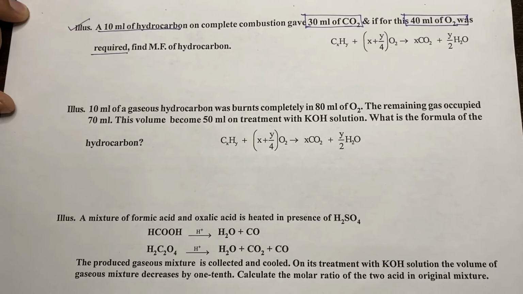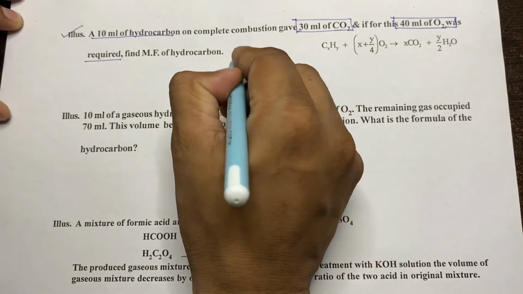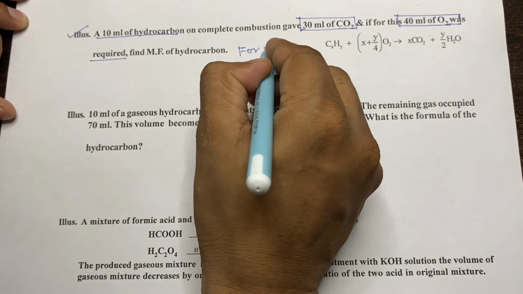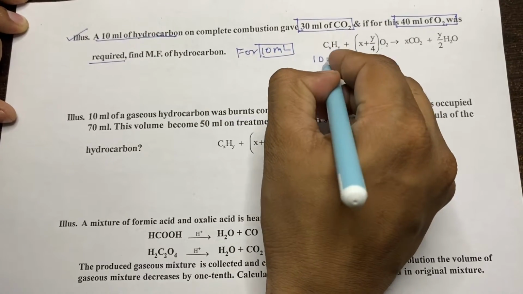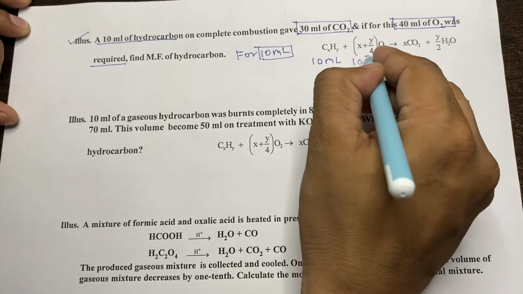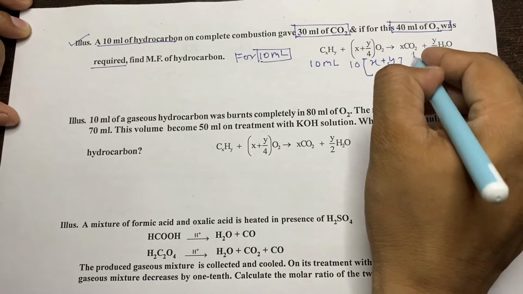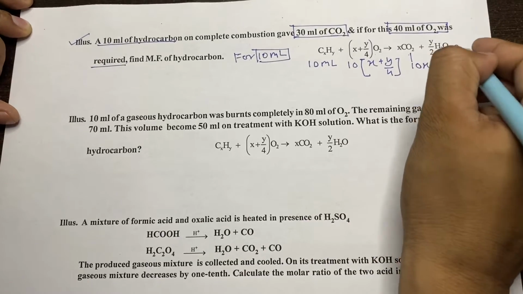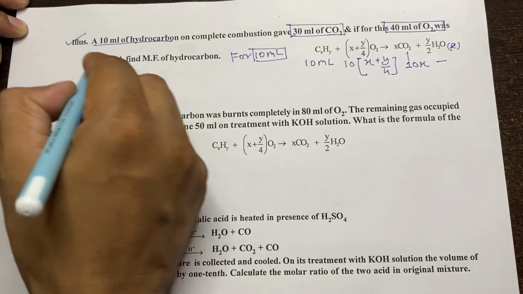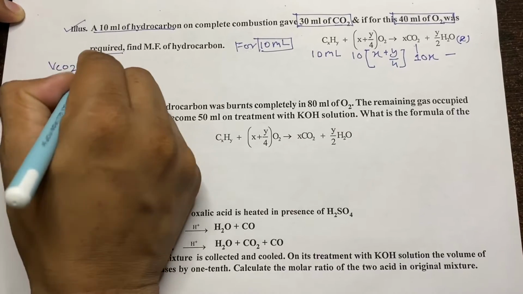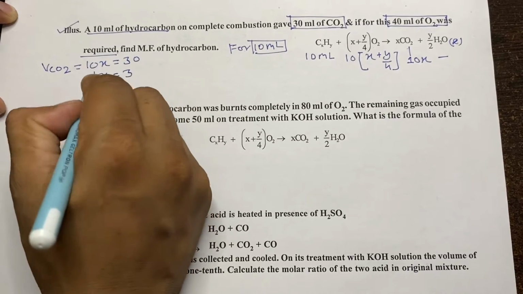We will write the equation first for 1 volume of hydrocarbon, and so for 10 ml of hydrocarbon, it will be 10 bracket X plus Y by 4 volume of oxygen, and 10x volume of CO2. Definitely water is in liquid form, so we will not consider it. So the volume of CO2 will be equal to 10x, which is equal to 30 ml.